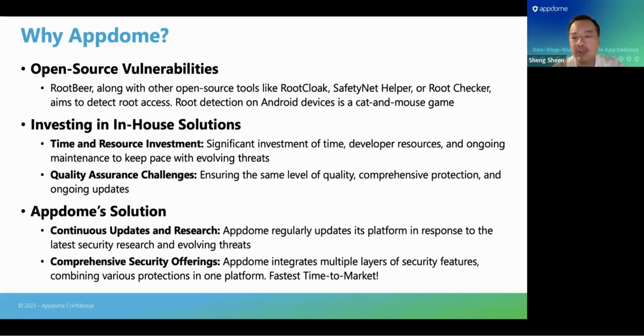However, it's very important to recognize that these tools might not be very comprehensive in identifying all forms of root access or root cloaking or root hiding methods used to conceal it. So certainly, the evolving nature of root access methods creates a challenge for these tools to stay ahead of these emerging threats.